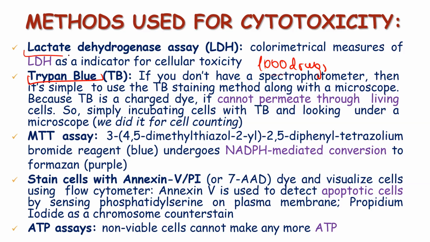So one of them is the lactate dehydrogenase assay. In this case, it shows the presence of lactate, shows you the stress levels of your cell culture. Another method is MTT assay or Alamar Blue assay. These are related to metabolism, and MTT and Alamar Blue get reduced, and because of this reduction, they change their characteristics.